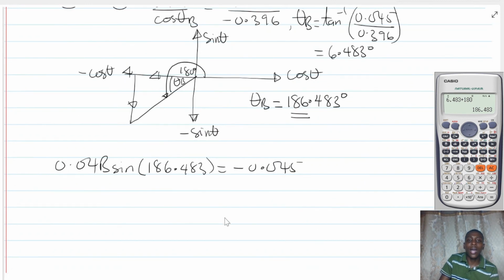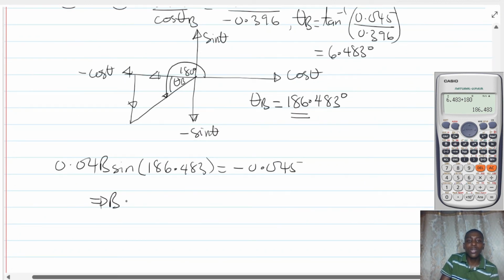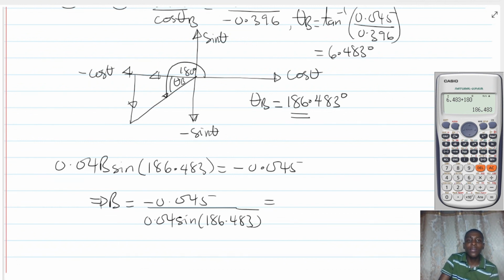So b is going to be minus 0.045 divided by 0.04 sine 186.483.